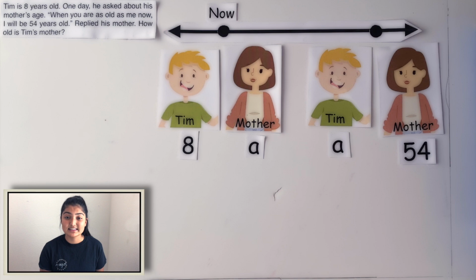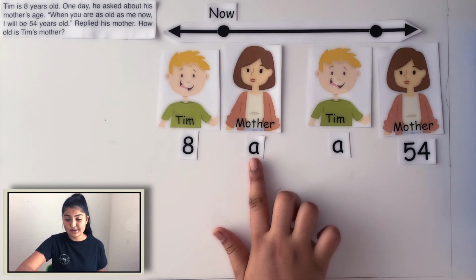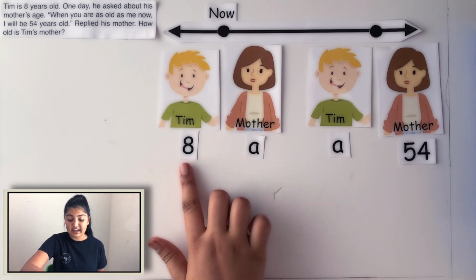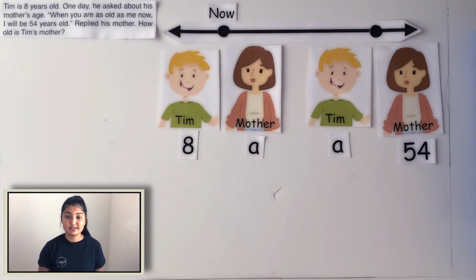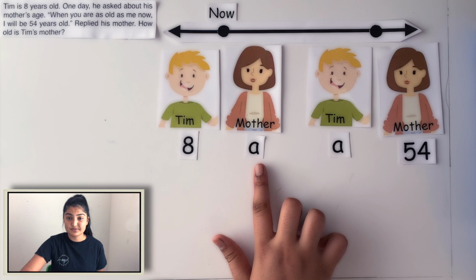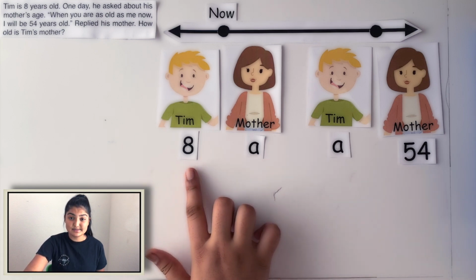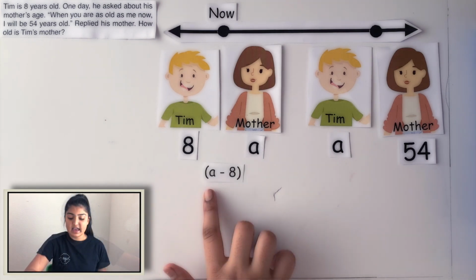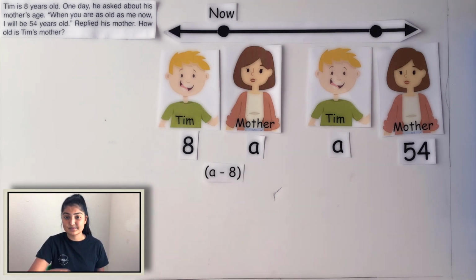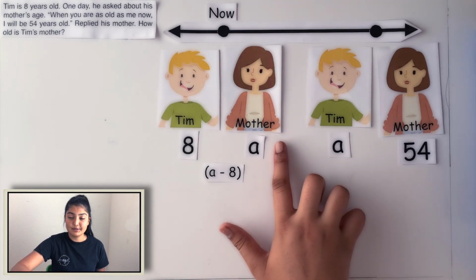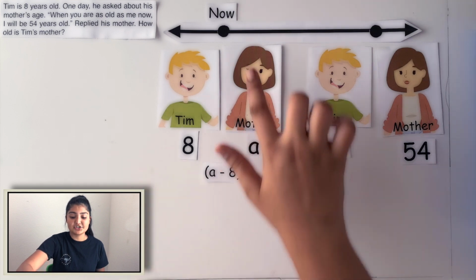So, let's find the difference between his mother and Tim's age now. To do that, all we have to do is subtract his mother's age minus Tim's age. This gives us A minus 8, which is the difference between his mother and Tim's age now.